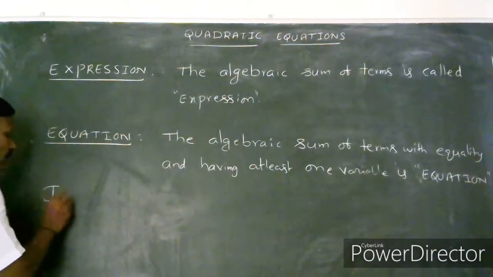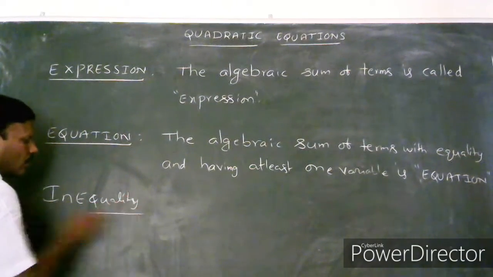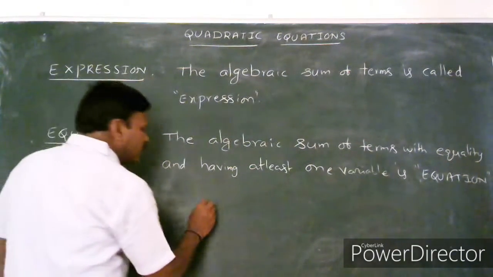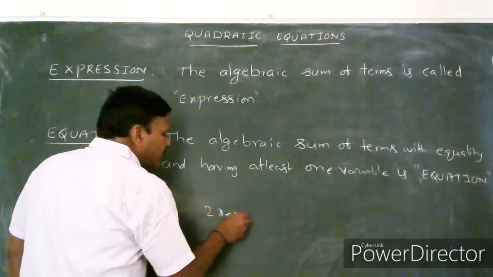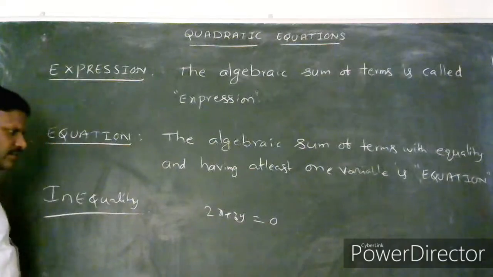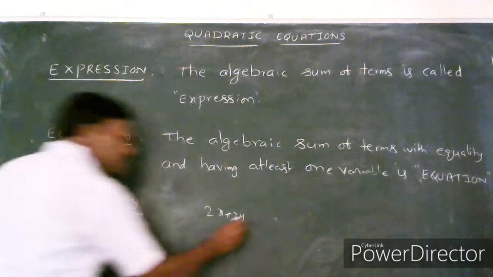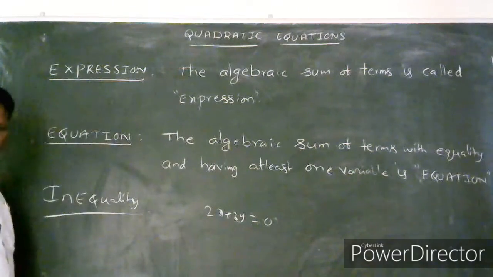Inequality. How to get inequalities? For example, 2x plus 3y is there. If it is equal to 0, it is an equation. Purely 2x plus 3y expression equal to 0 is an equation.